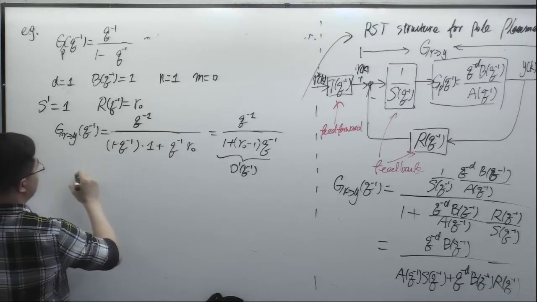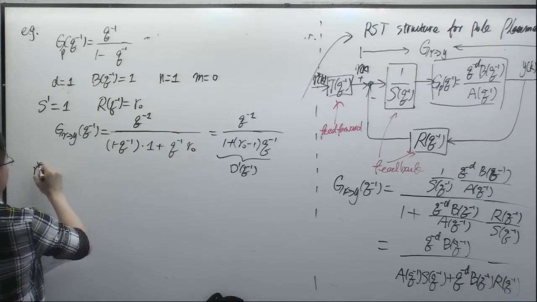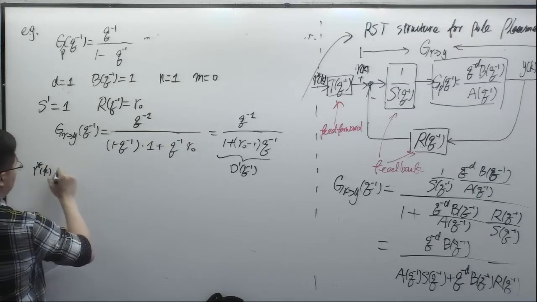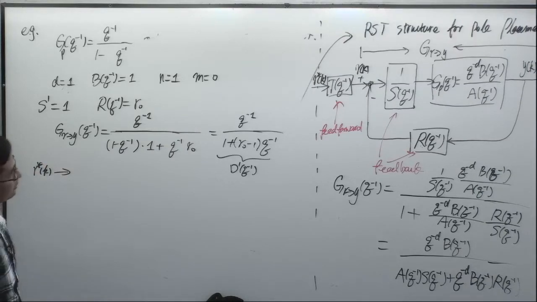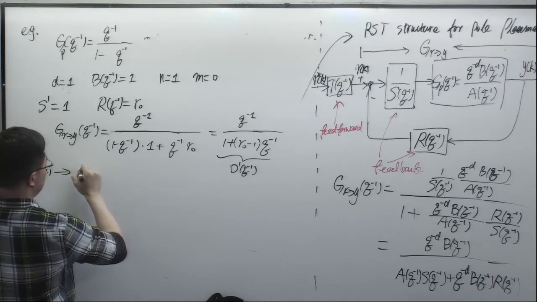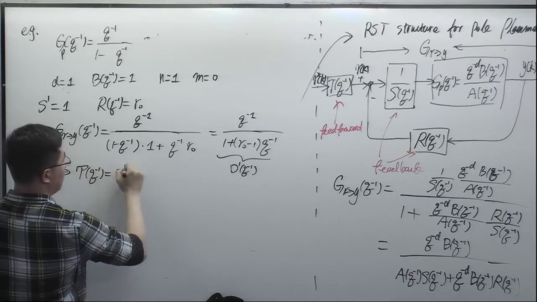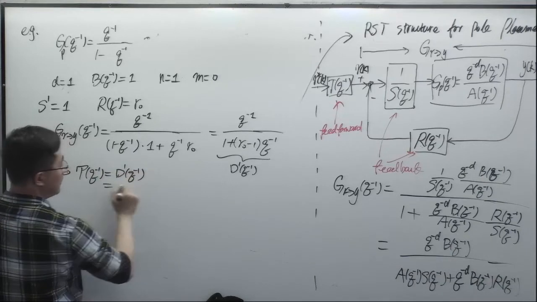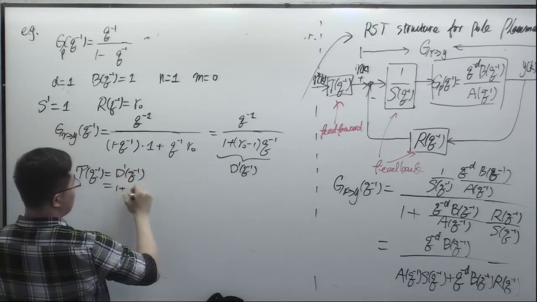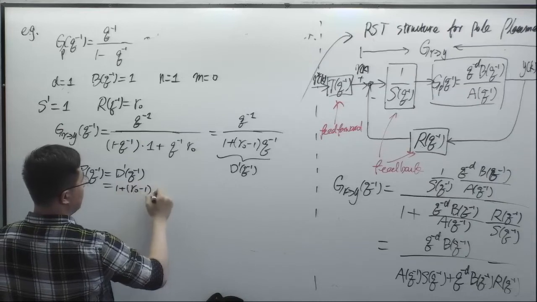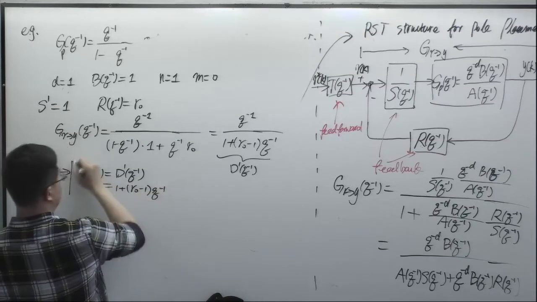And let's take a look at the entire picture. Our T is equal to D prime. So our D is 1 plus R0 minus 1 Q inverse.